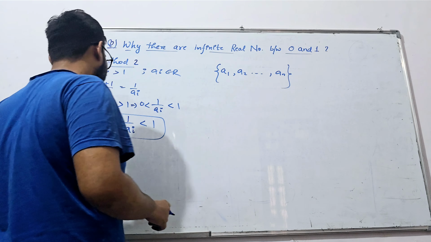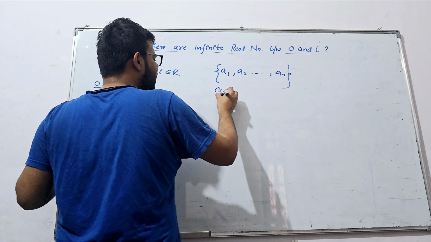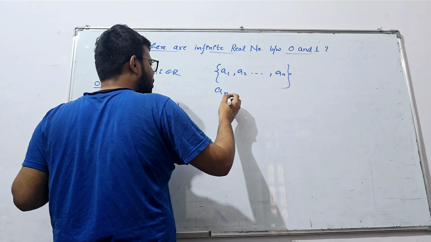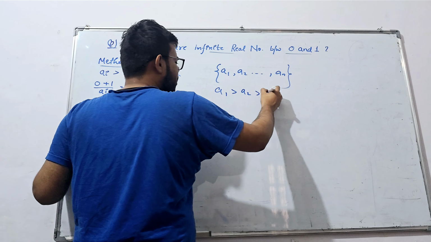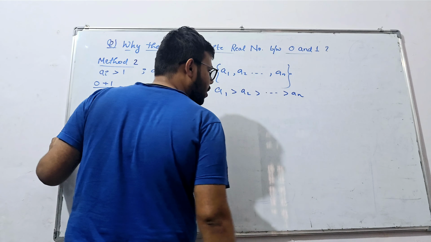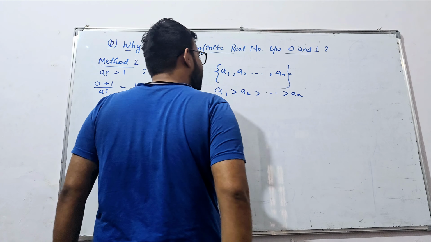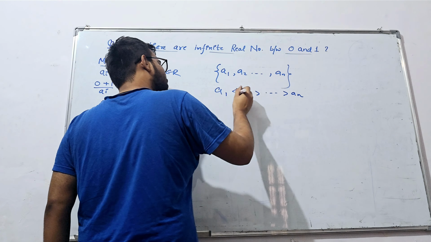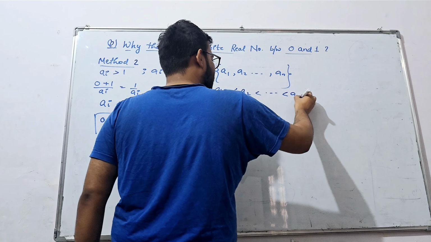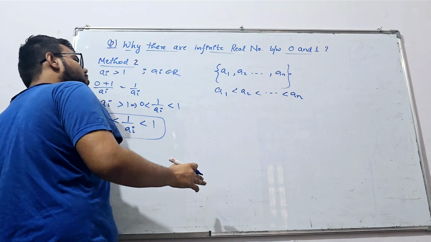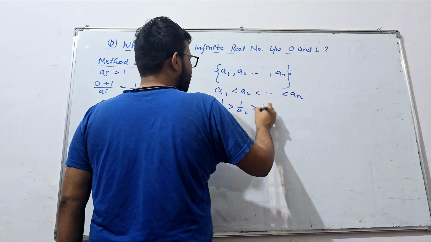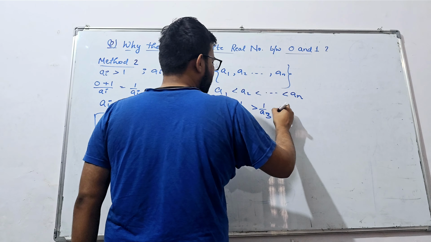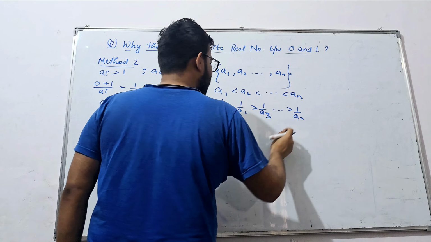And suppose a1 is greater than a2 is greater than this, and an is the least value. Now when you reciprocate this, you get 1 upon a1 is greater than 1 upon a2 is greater than 1 upon a3 and so on till 1 upon an.